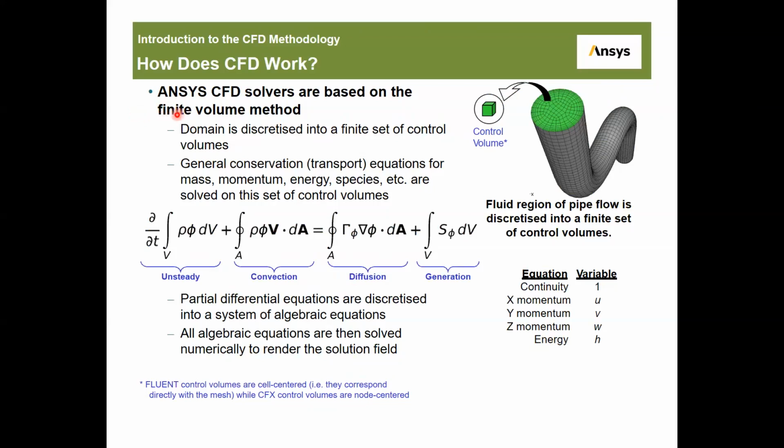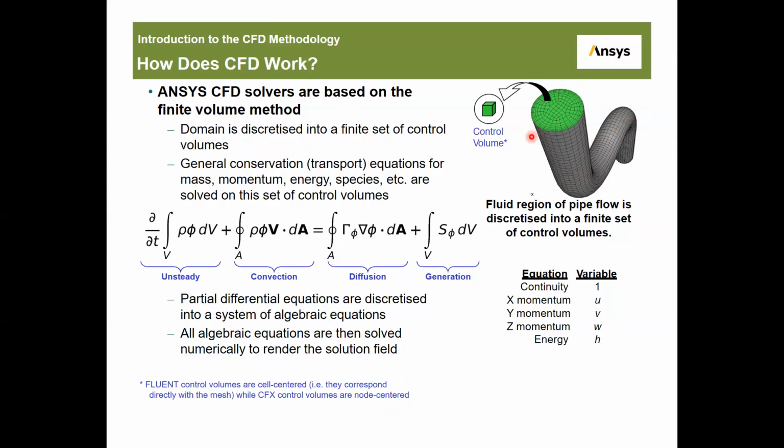Under ANSYS software, so let's say you have this bend, called a tube. This bend tube, right? So you need to discretize it into a finite set of control volumes. If we have this one volume, you need to discretize.